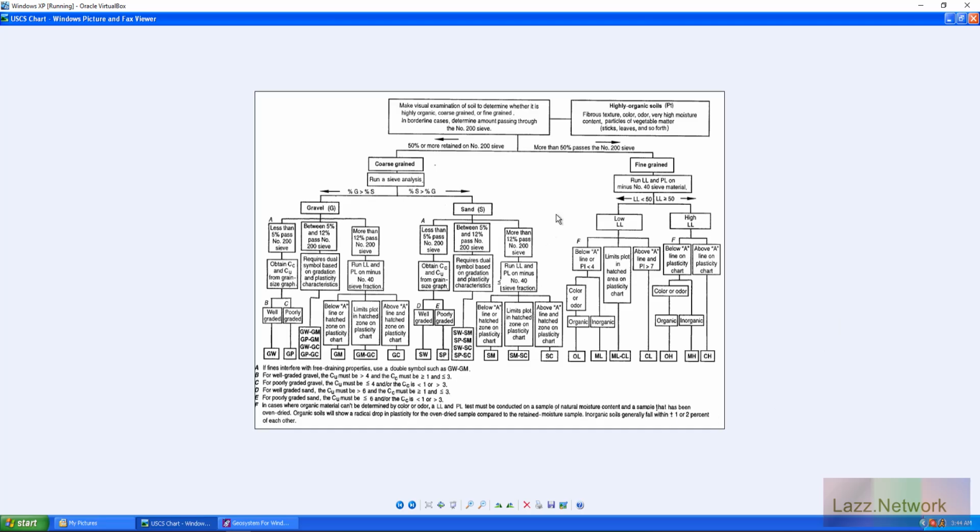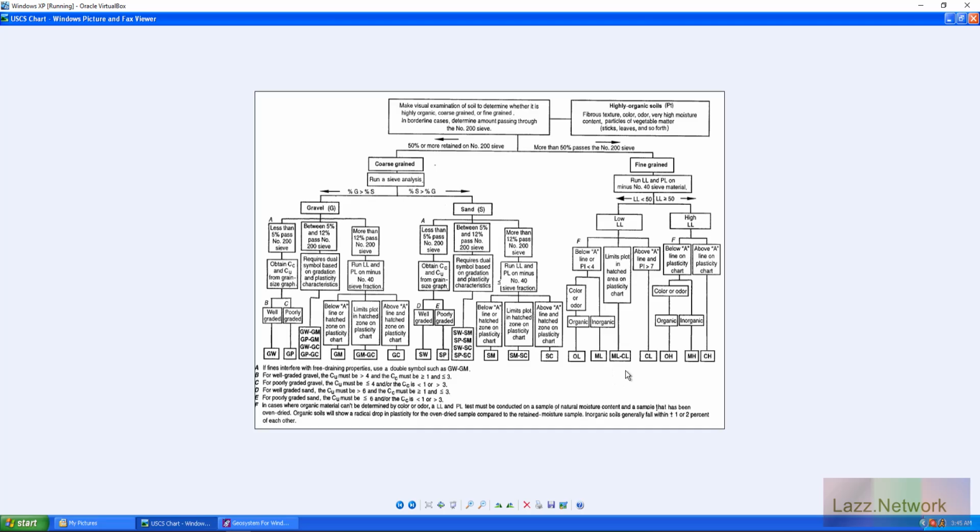So that's why if you have a low liquid limit, then it's going to start here. Where here you have OL and ML, which just indicates if it's organic or not. You have your ML-CL, which is just inside your hatch zone, and that's defaulting as if it's inorganic.